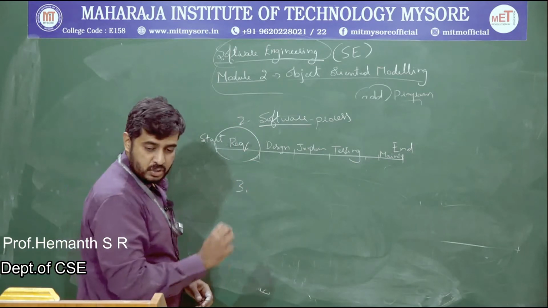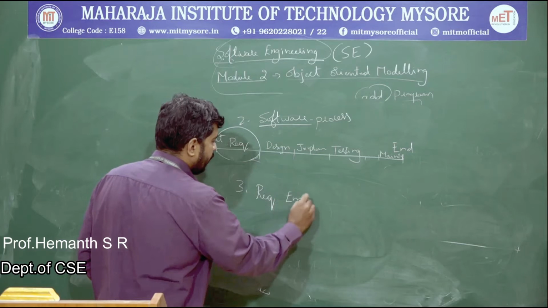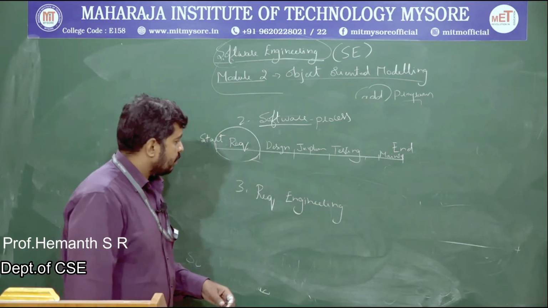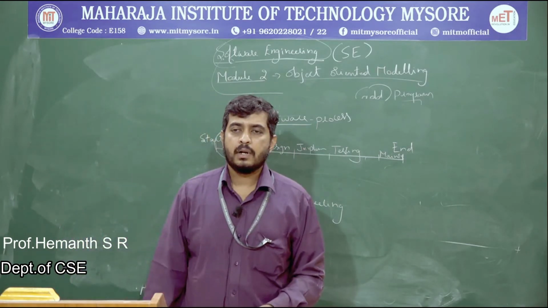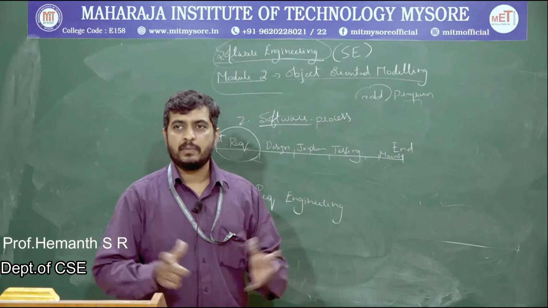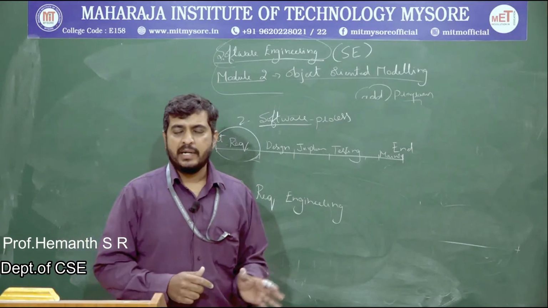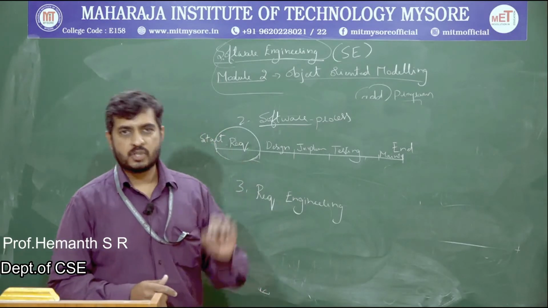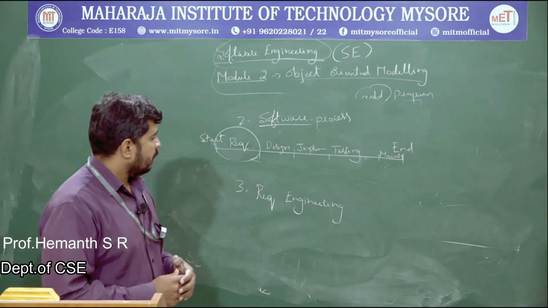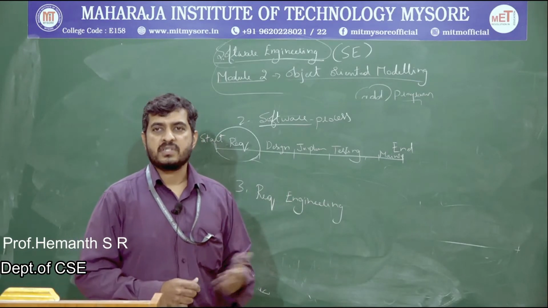Next, we understood requirement engineering. So what is requirement engineering? Consider an example. MIT College Library wants a software to manage its library system. Now MIT College Library will become the client, and the college needs to approach a software company for that specific software. The software company will have a discussion with the stakeholders.